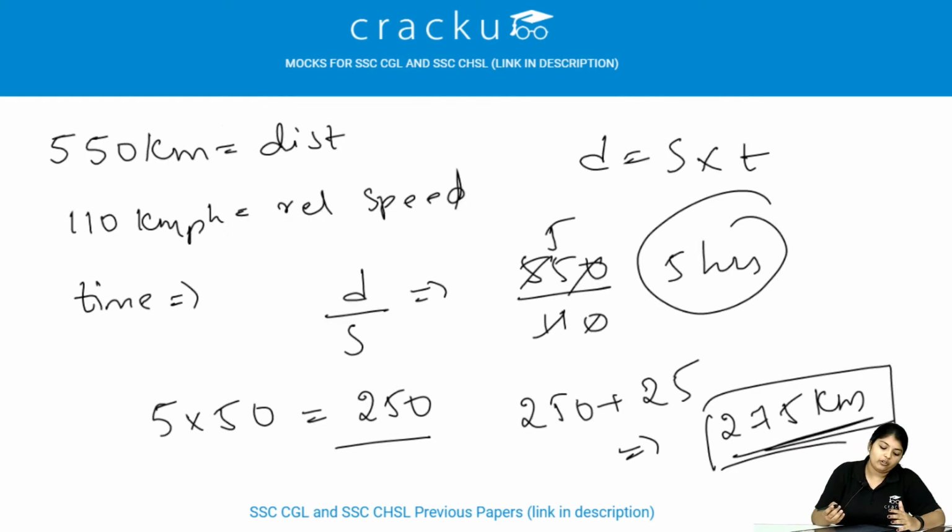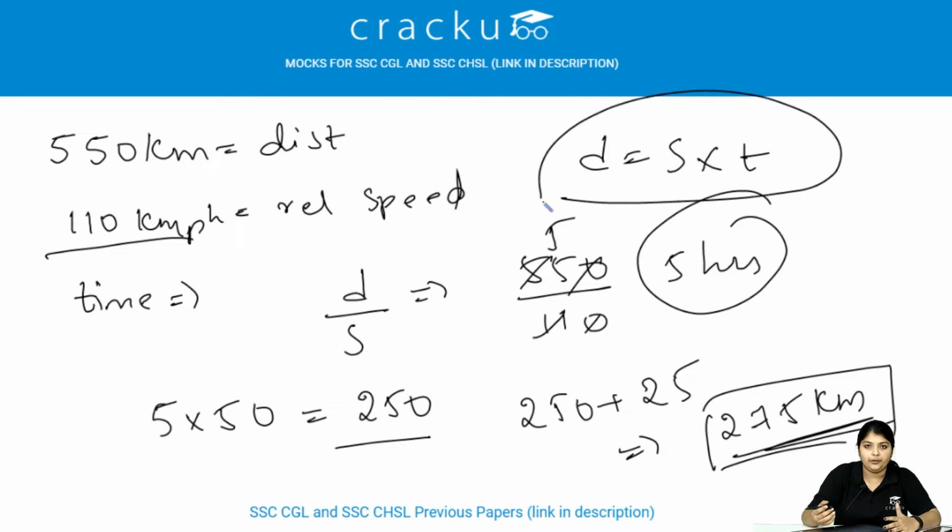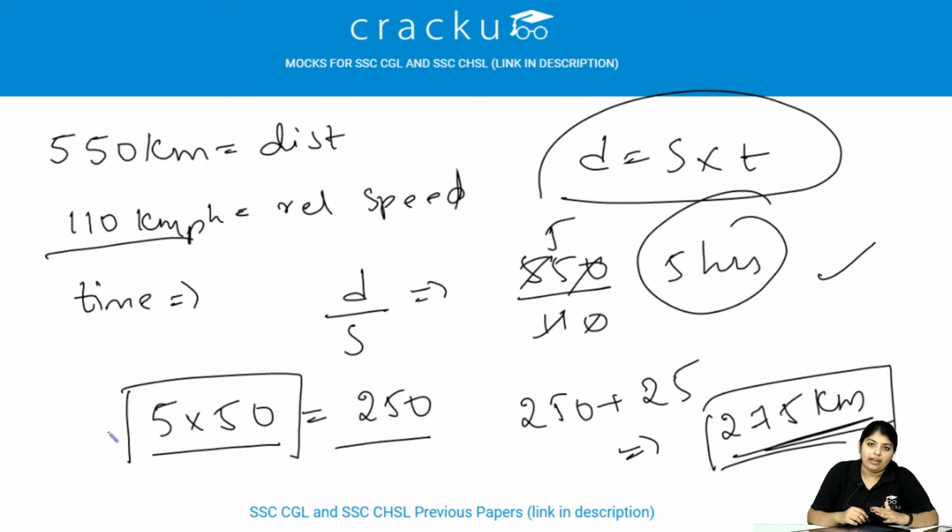So now what we have to find is, this 550 kilometers of distance and 110 kilometers per hour of speed, how much time has been taken for these trains to travel. That is, again using this formula, distance is equal to speed into time, we are finding the time as 5 hours. Now finally, the distance travelled by train A in 5 hours is 50 into 5, the speed into time, that is 250 kilometers.